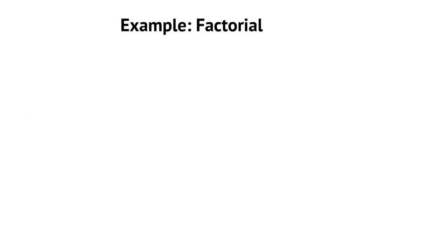One of the classic examples is factorial. We can use the recursion strategy to get the factorial of any particular number. So let's review this idea of factorial. If we say 4 factorial, what that means is 4 factorial is equal to 4 times 3 times 2 times 1, which is 24.